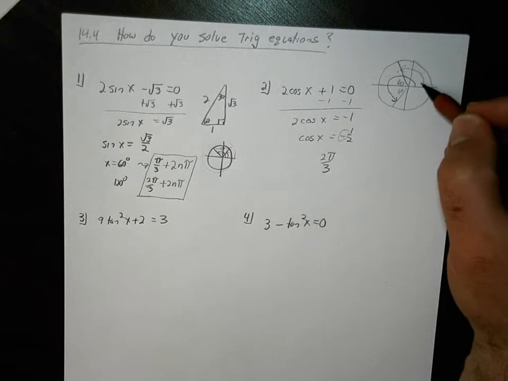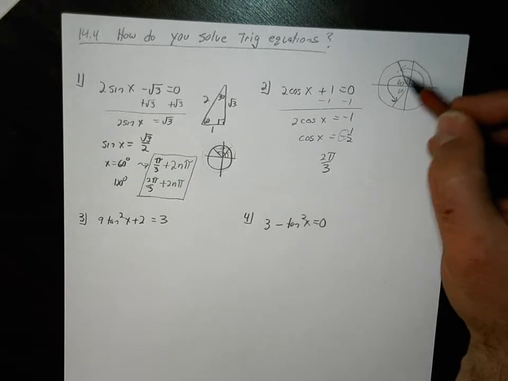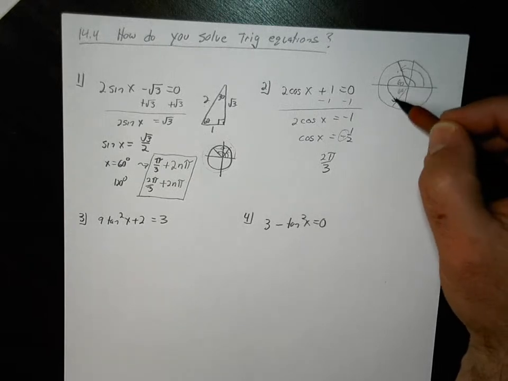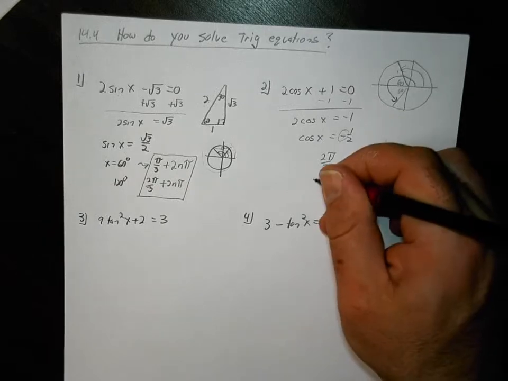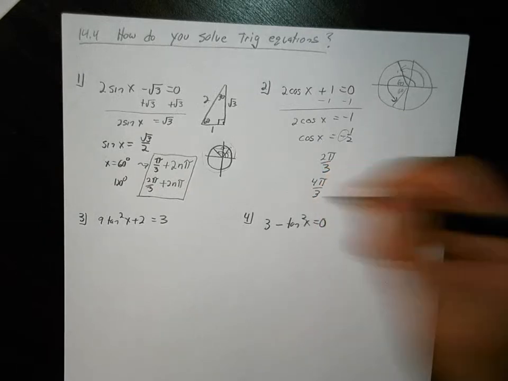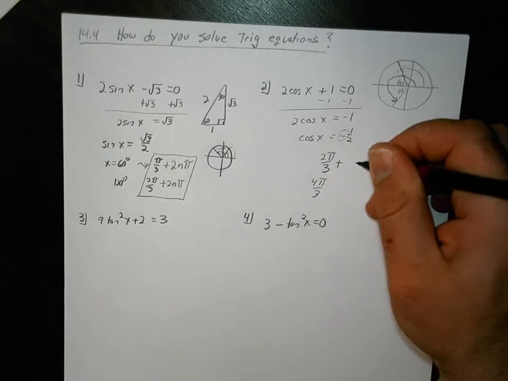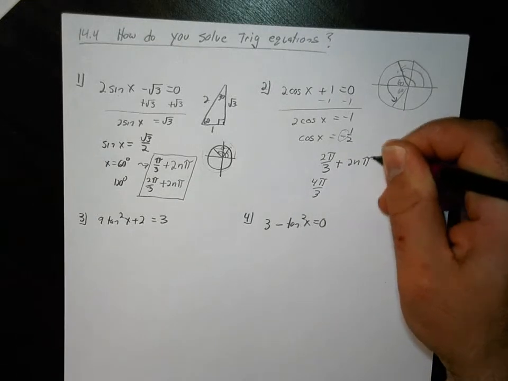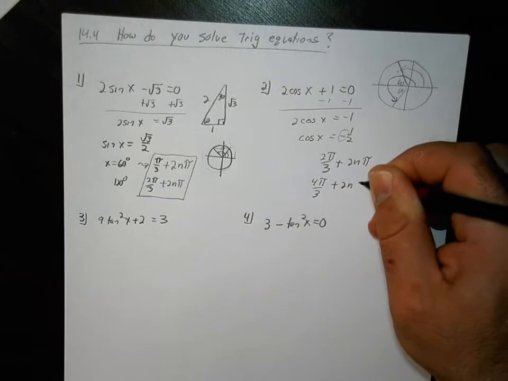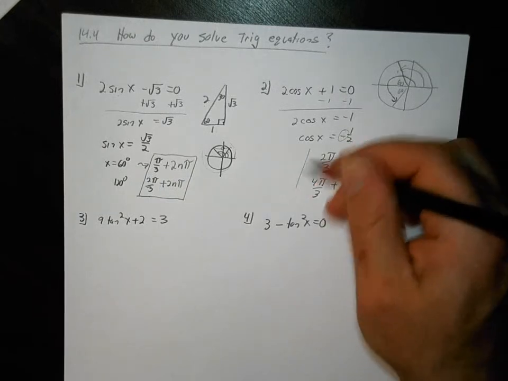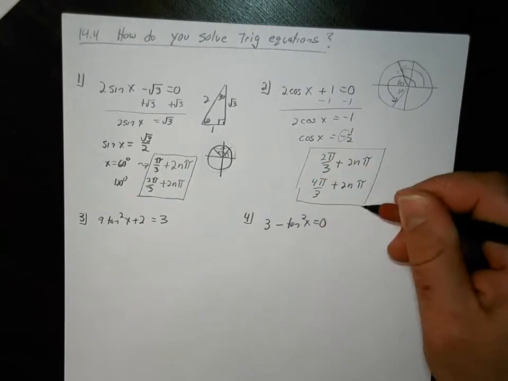So really, how many 60 degree angles is it? It's 3 of them to here and then one more, so it's 4 pi over 3. And then if we go around the circle more often, we just put plus 2n pi. So those are my general solutions right there.